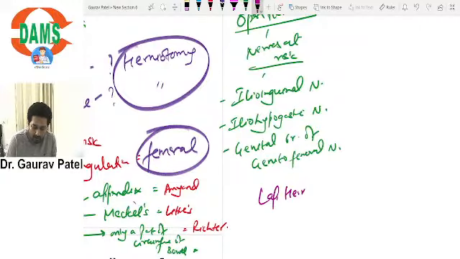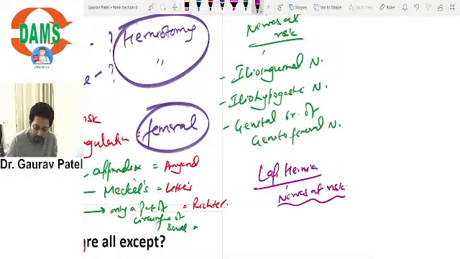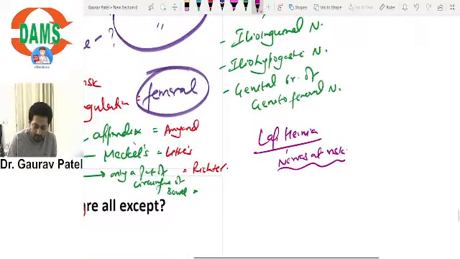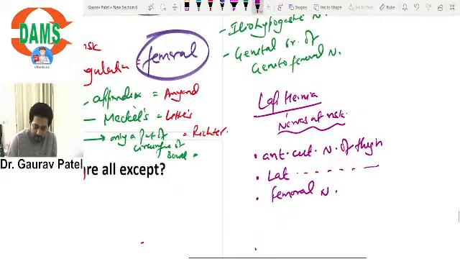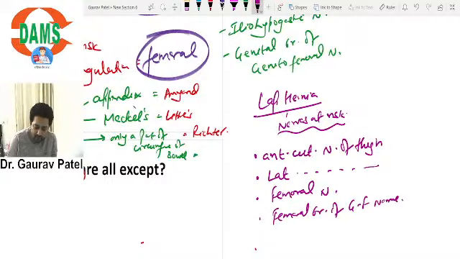In laparoscopic hernia, the nerves at risk are the anterior cutaneous nerve of thigh, lateral cutaneous nerve of thigh, femoral nerve, and the femoral branch of genitofemoral nerve.